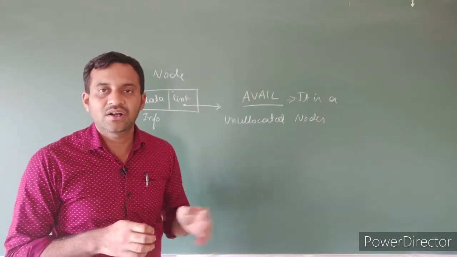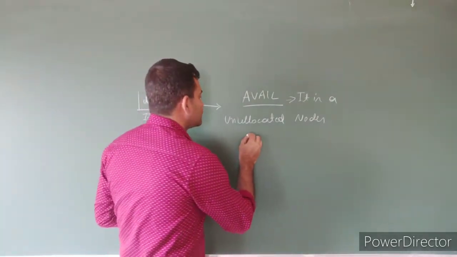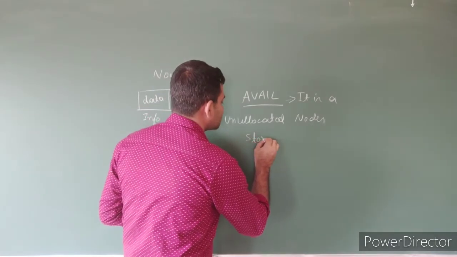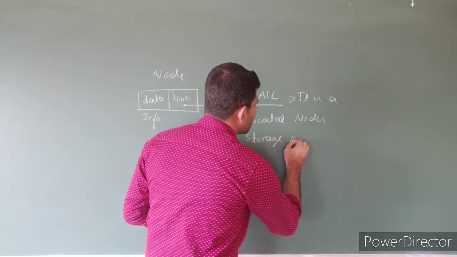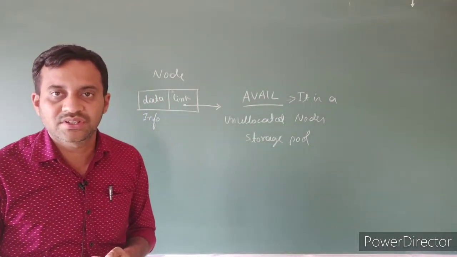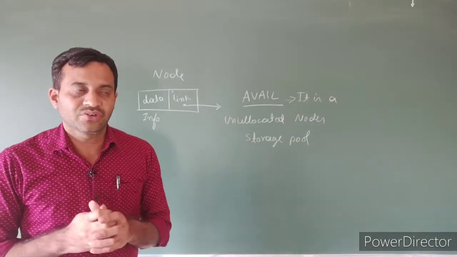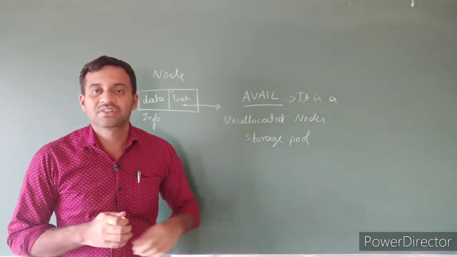It is also called storage pool, or pool of storage. What is avail here? Avail is a collection of unallocated nodes.